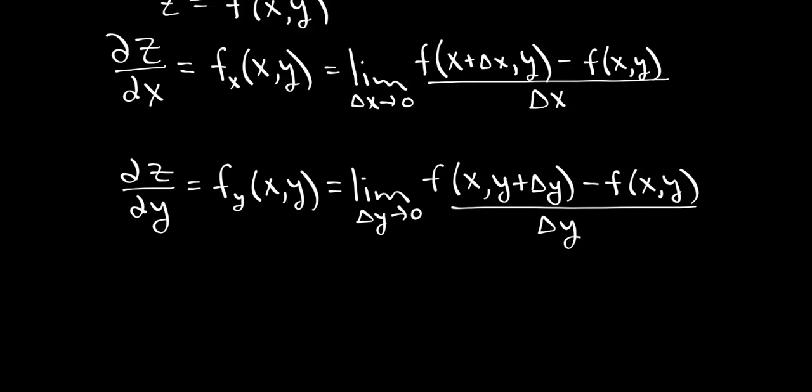So right now, we're just defining these partials, and we're going to look more at this notation in just a second. But I want to look at a specific function with two independent variables, just to show you how this process works. So let's suppose that we have f of x, y equals 25 minus x squared minus y squared.